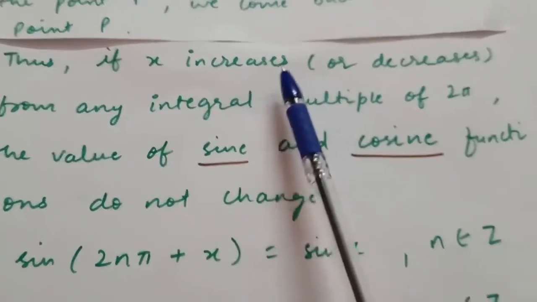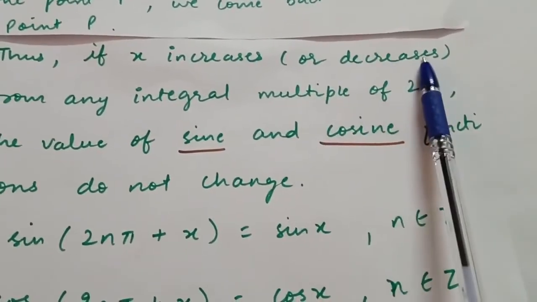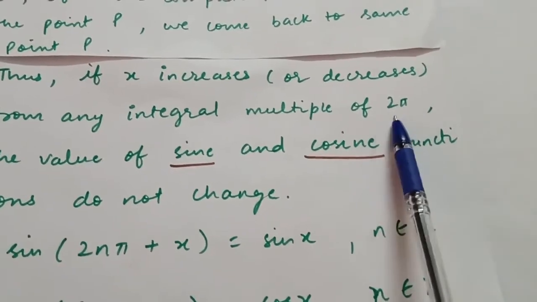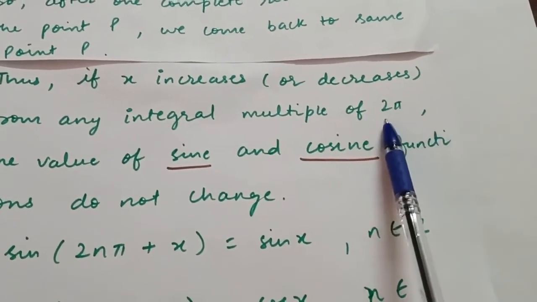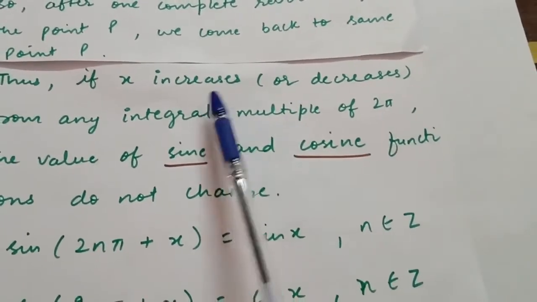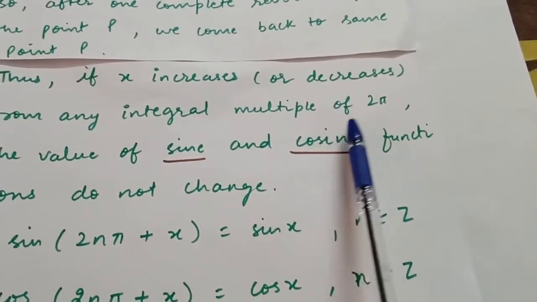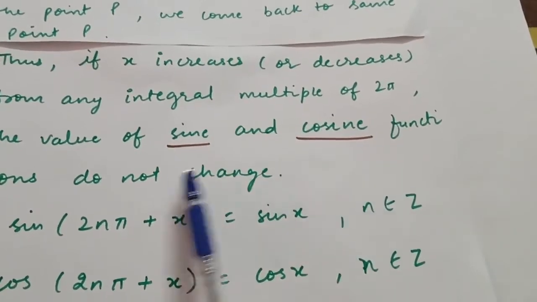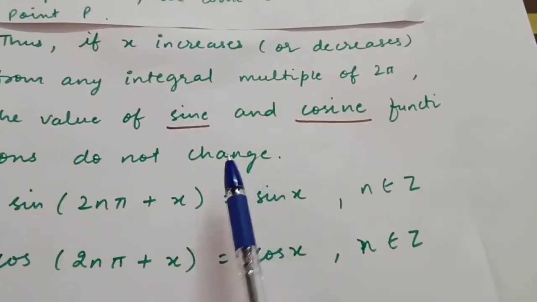Thus, if x increases or decreases by any integral multiple of 2 pi, because one revolution is of 2 pi radians, then the values of sine and cosine functions do not change, right?